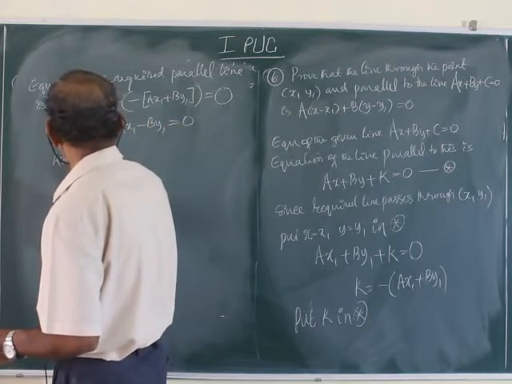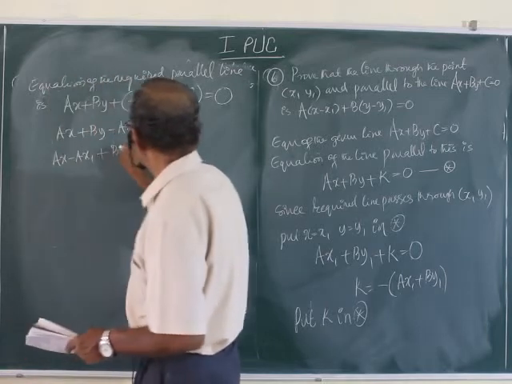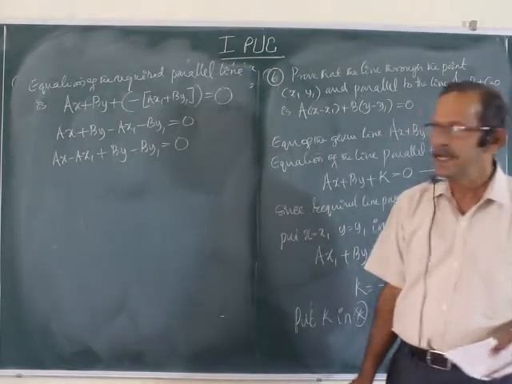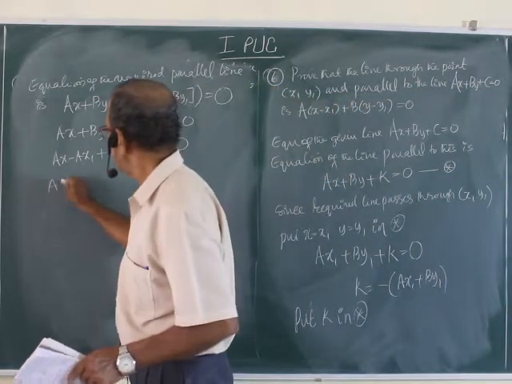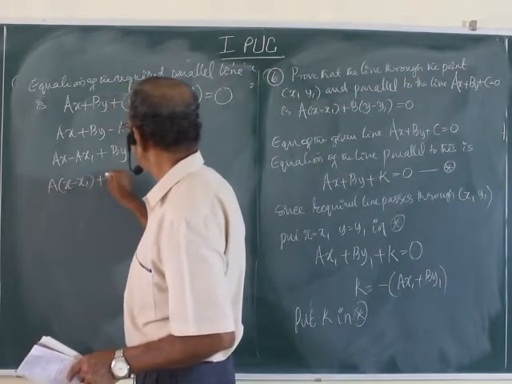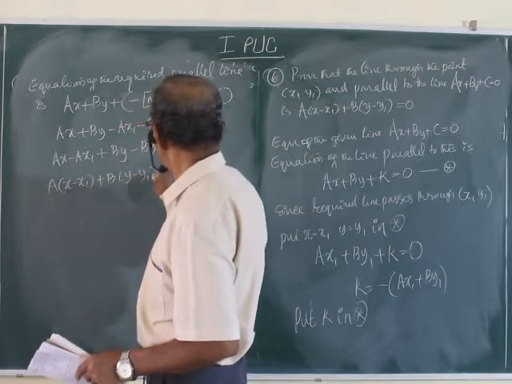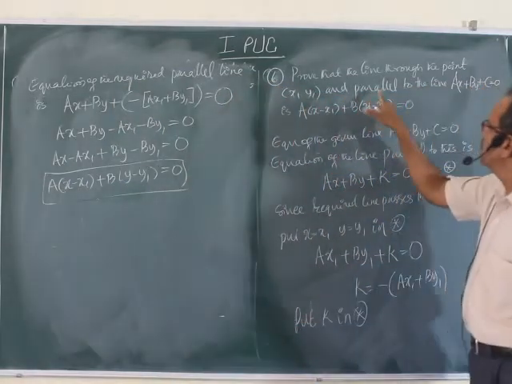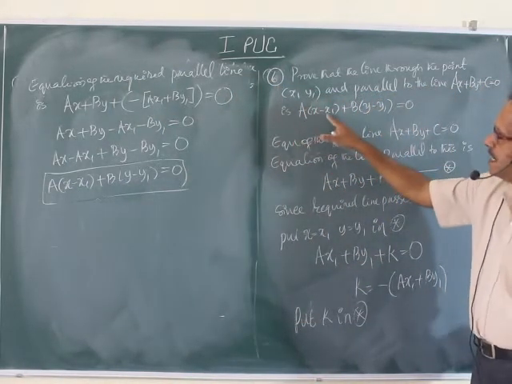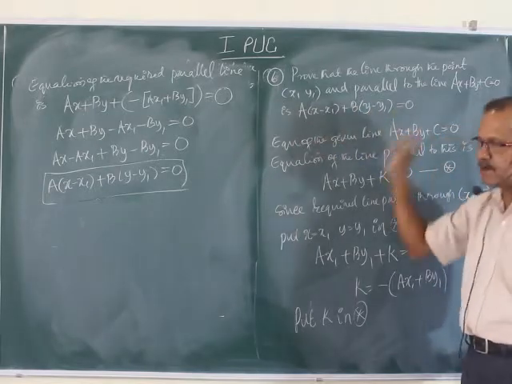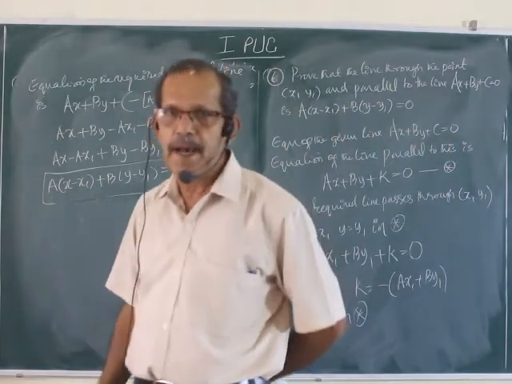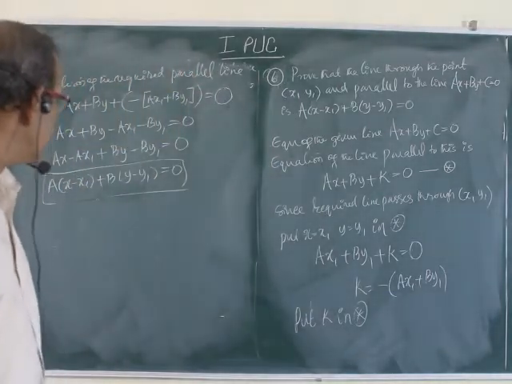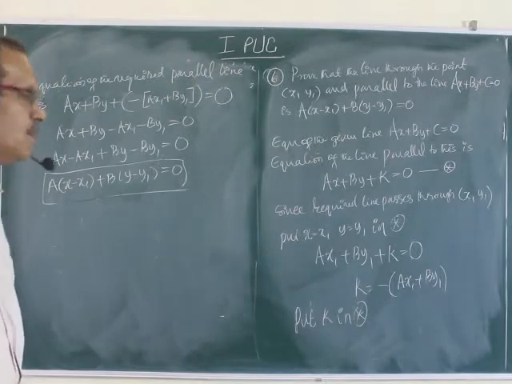Or ax and minus ax1 together, by and minus by1 are also together. Why? In order to remove a outside. A into (x minus x1) plus b into (y minus y1) equal to 0. This is the required equation. See? The equation of the parallel line to the given line is always of the form a(x minus x1) plus b(y minus y1) equal to 0.